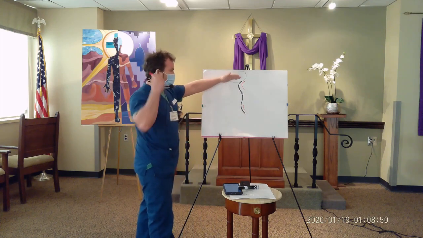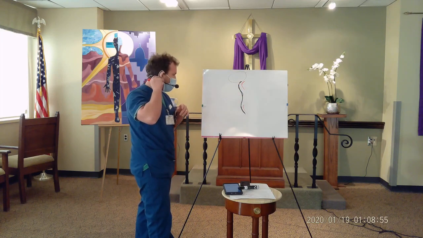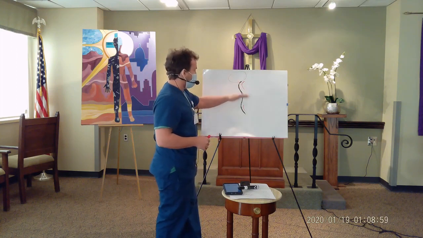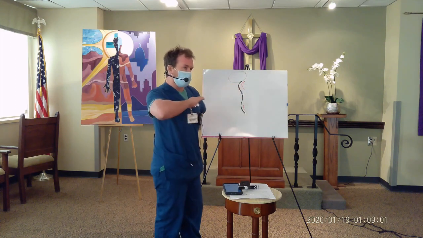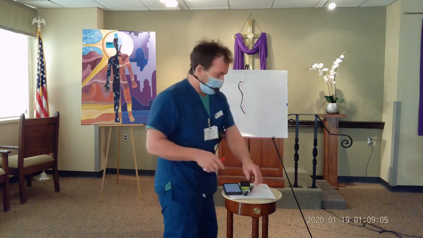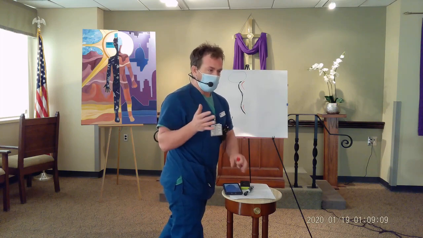So again, cervical, which is the neck. The thoracic is the middle part of the back, the trunk area, and then the lumbar spine is the lower part. So that's just a general review of the curves in the back.